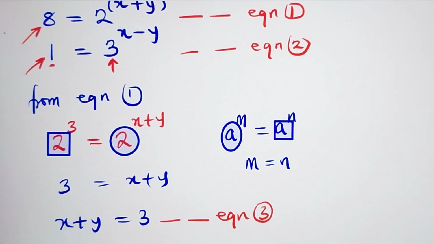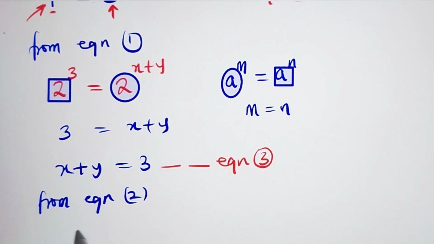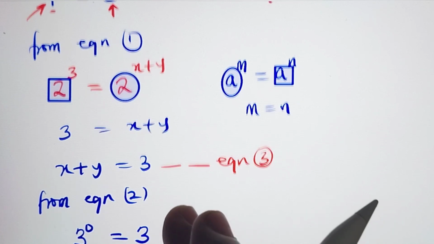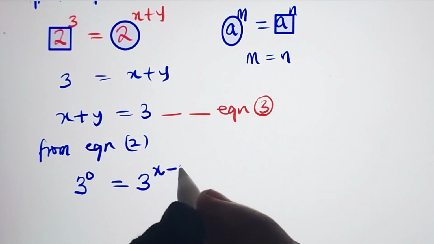So we say from equation 2, 3 raised to power 0, which gives us 1, is now equal to 3 raised to power x minus y.